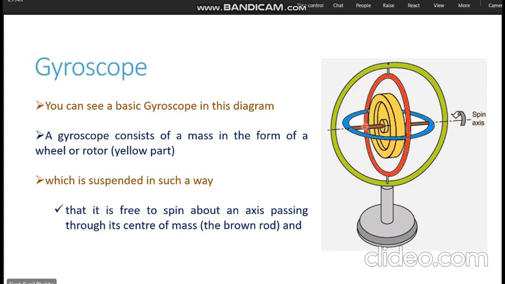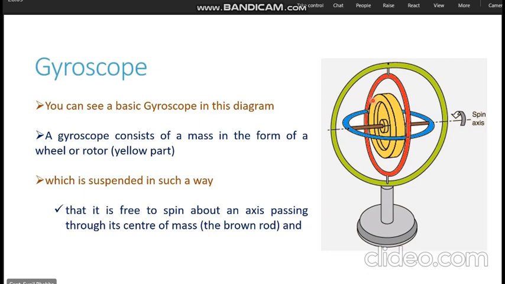You can see there is a brown color rod which is passing through this rotor, and this brown color rod is connected to this blue color ring. Now this brown color rod is connected to the blue ring by way of ball bearings, and these ball bearings allow the rotor to spin about the spin axis. You can see this is mentioned in the diagram also.